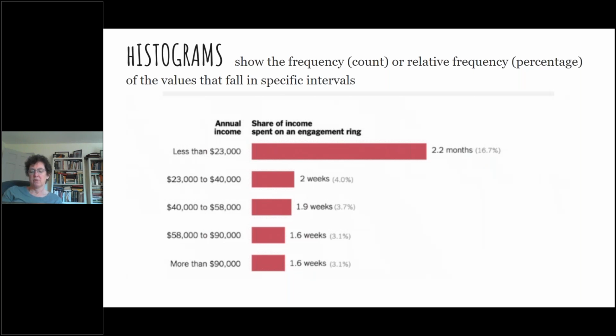Beautiful. So it would be 20,000 times 0.167. If I can get that in my calculator, I keep screwing it up. Okay, so they would have spent $3,340 on the ring.